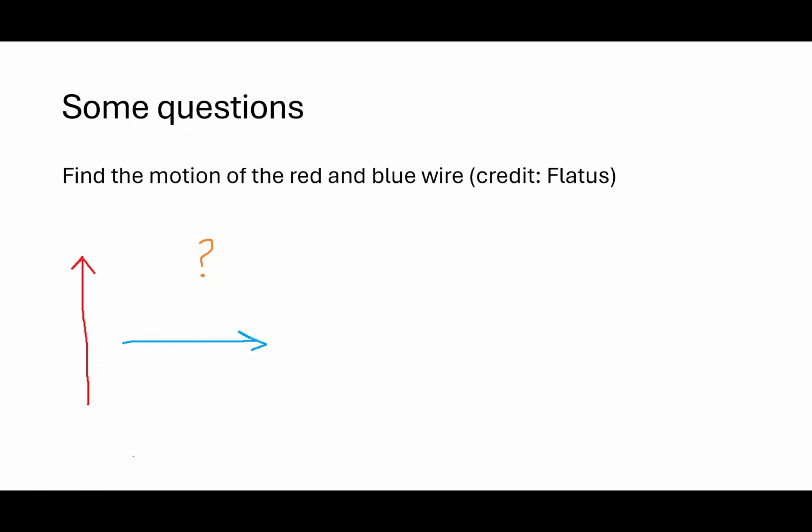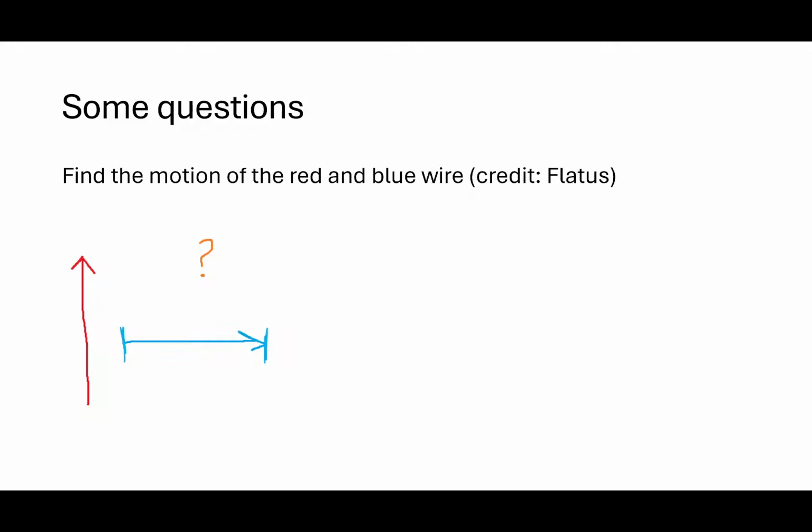Nice job. So the blue wire, it ends here, and the magnetic field around the wire literally just exists around the wire. It doesn't exist below where the wire ends.